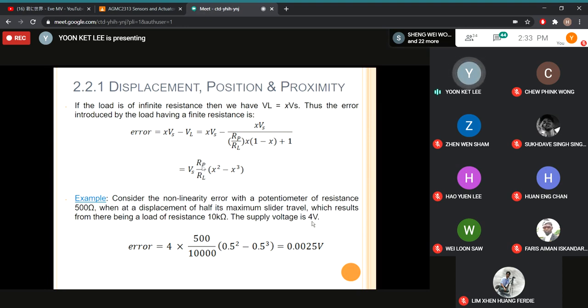Your RP is the potentiometer resistance. What is the value of your potentiometer? Actually, it's 500. And then what is your load resistance? Your RL load resistance is 10,000. Then how far do you displace? For this case it is half.